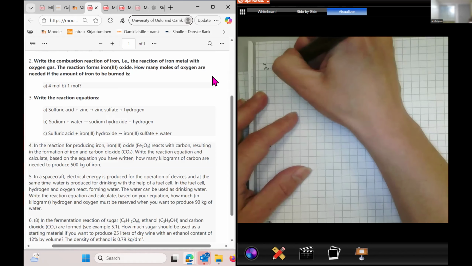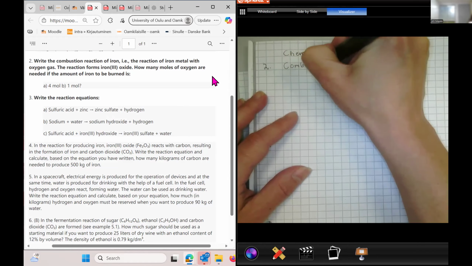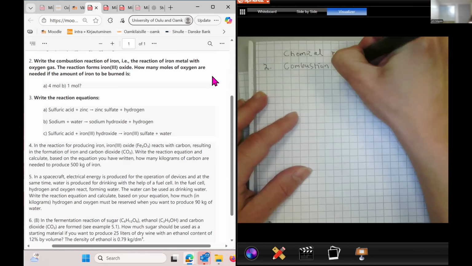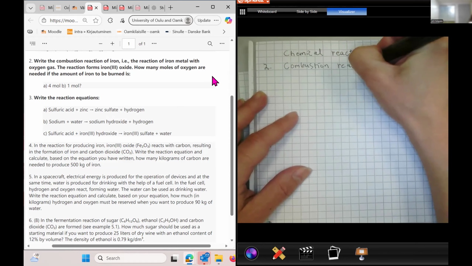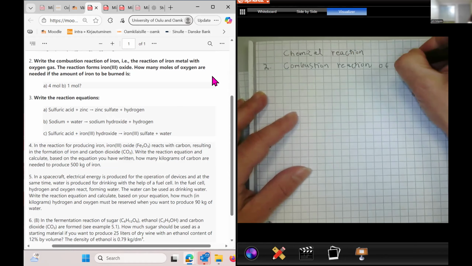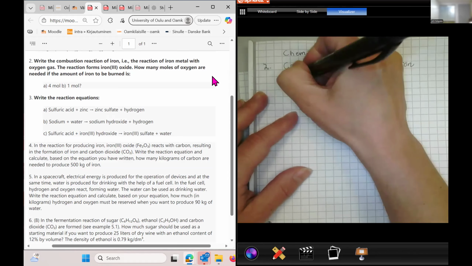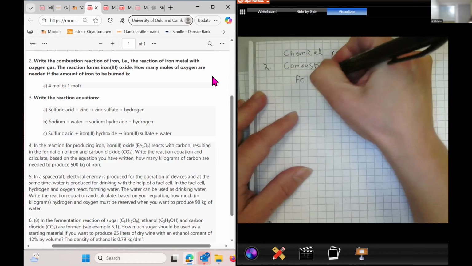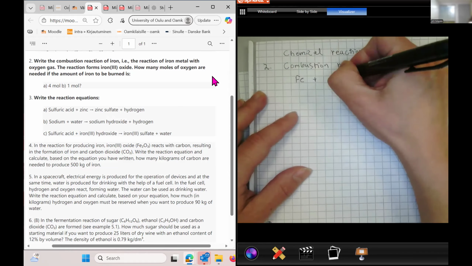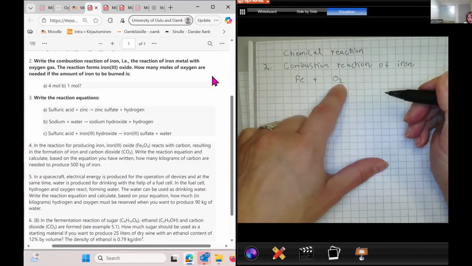So then I write here the combustion reaction of iron, which means that iron, of course, reacts with oxygen gas. Oxygen gas is always like this.